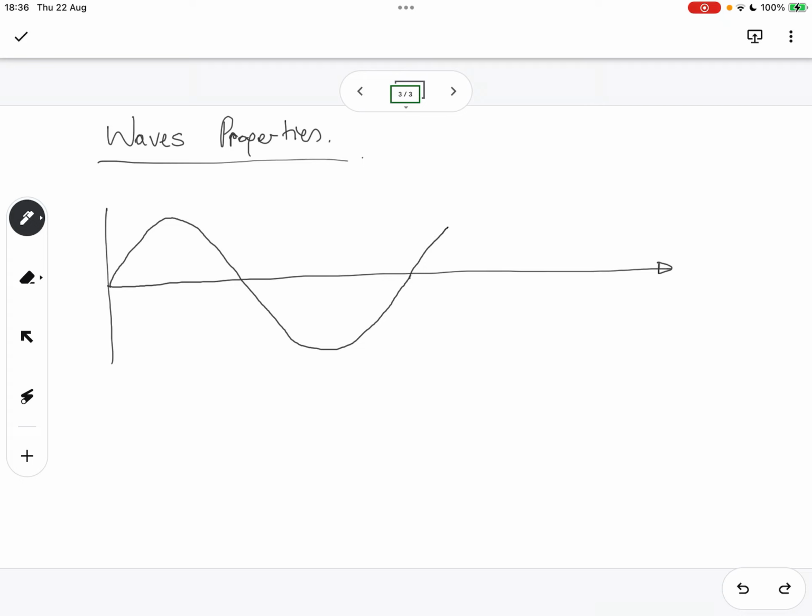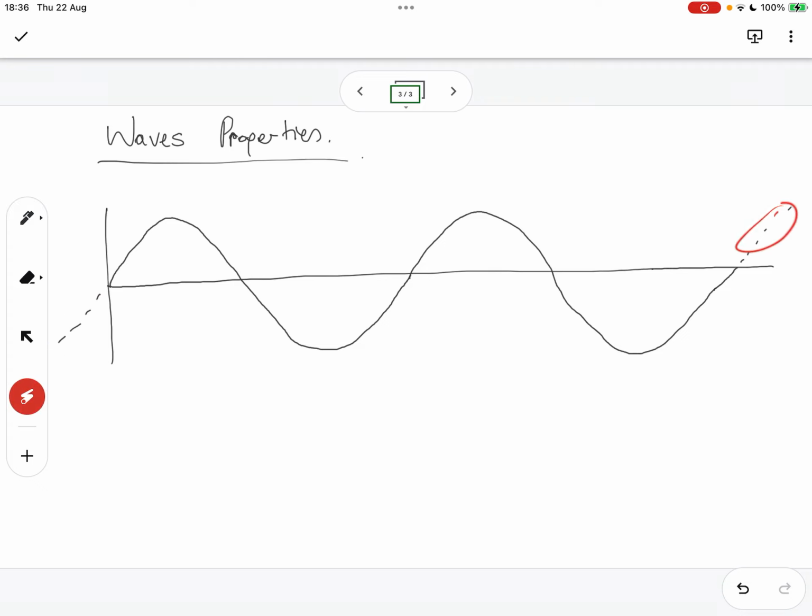The second part. So just do 2 parts. We don't know where the wave starts and where it ends, but we'll just truncate or cut somewhere between there and there.